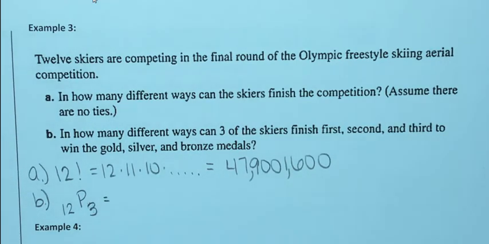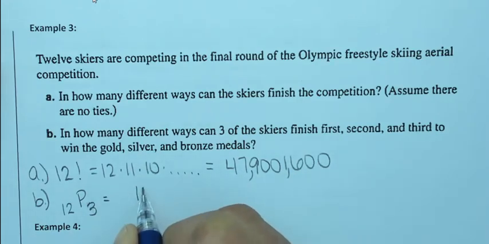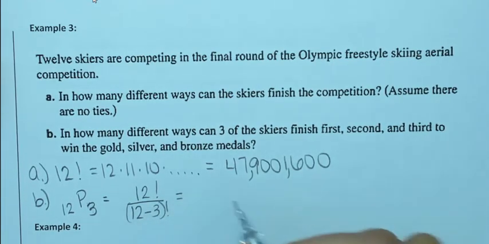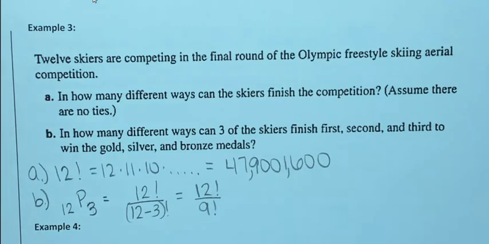There's a couple ways we can do this. One is using our calculator. Another way that I want to show you now, and then I'll do it a different way later. You can say this is the same thing as 12 factorial over 12 minus 3 quantity factorial. So this is really 12 factorial over 9 factorial. Now watch how we can reduce this.